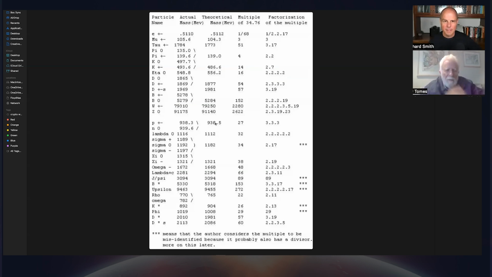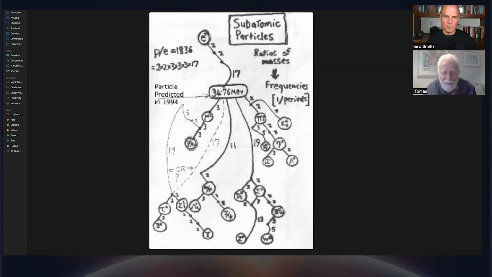That would give a theoretical mass of 938.5, and we get 938.3. That's pretty good for the proton, and 939.6 for the neutron. That's slightly different. There's obviously something a little bit different with the neutron. Some people think it's just a proton with an electron splattered onto it, and that's probably a reasonable explanation. So did they discover this particle?